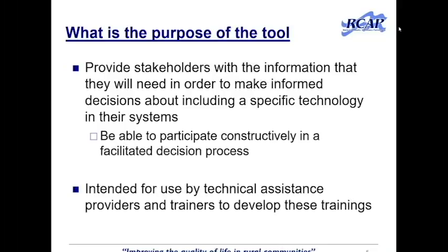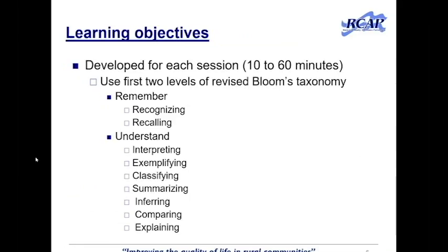This is using learning objectives, and the learning objectives that we're using are the first two levels of Bloom's taxonomy. So we're not going into a tremendous amount of detail, and we're not requiring folks to be able to essentially operate these systems.